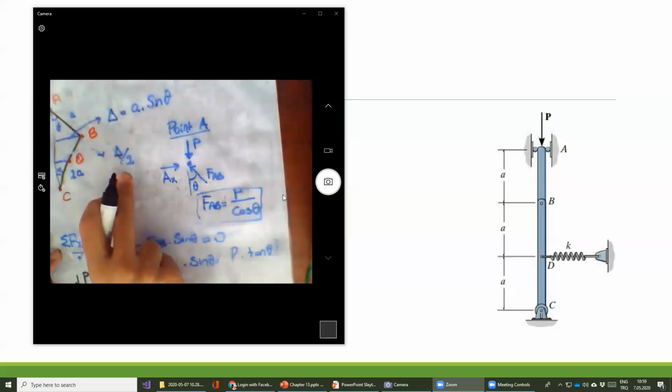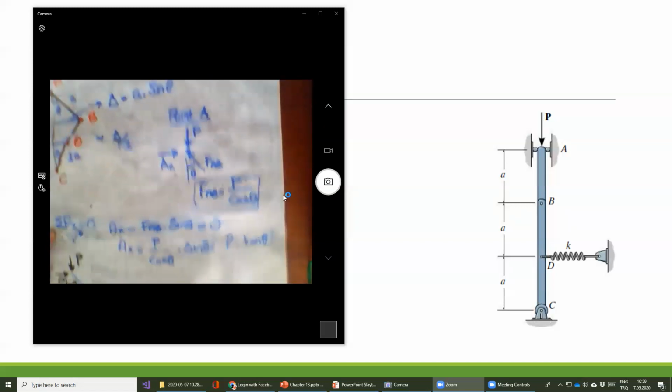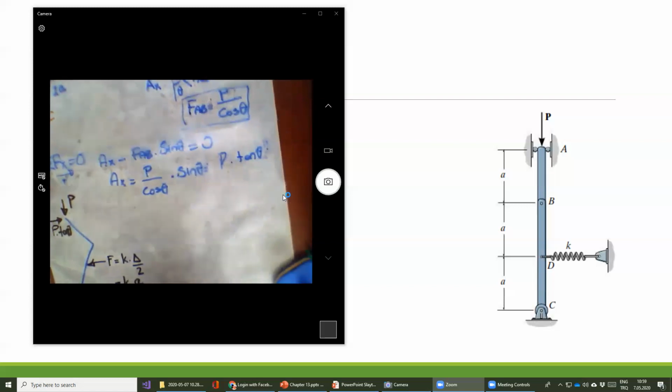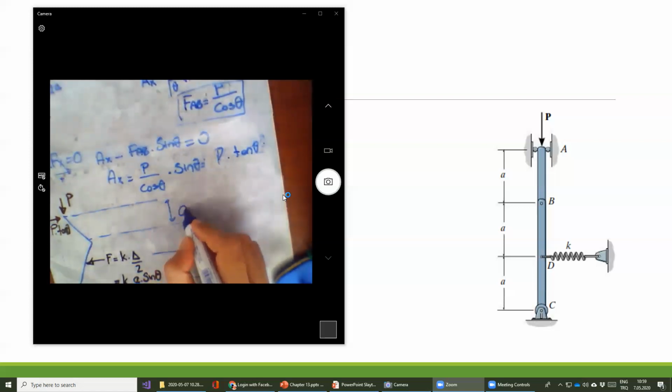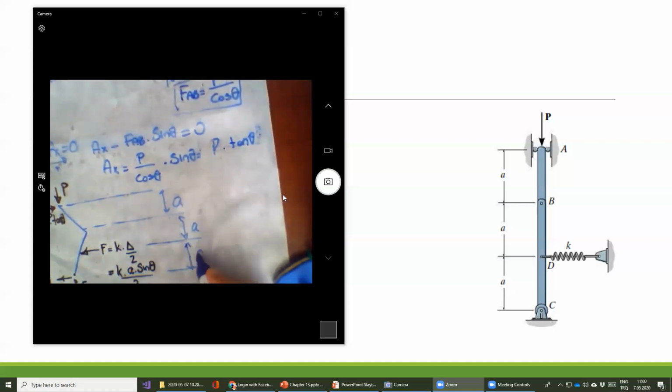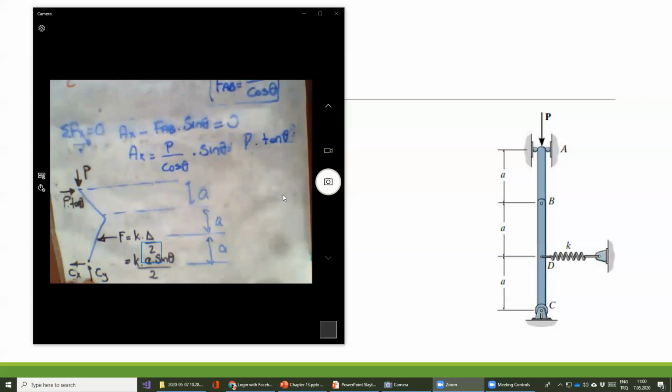Delta is equal to A times sine theta, therefore K times A times sine theta divided by 2. We also have lengths I can write here: each length is equal to A, this is A, this is A, and this is A. Now I want to take a moment on point C.